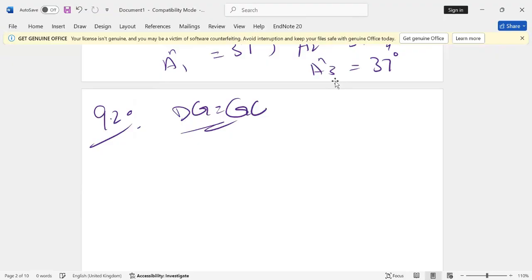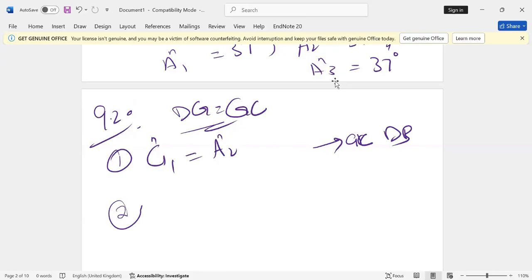All right, so the first point we have to make is C1 equals A2, angle subtended by the arc DB, okay? Angle subtended by this arc. So from 9.1, we have to make that A2 equals 37 degrees. So we say that C1 equals 37 degrees.